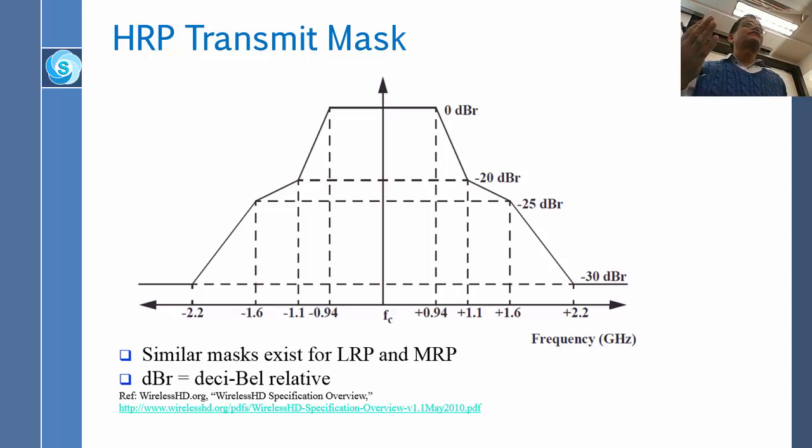The power distribution is specified. So when you design a device, it might be taken to a lab, and they will measure the power levels. If it is outside of this, then you are not following the standard. If nothing else, now you know what dBr is, decibel relative, and how they keep decreasing the power slowly as you go out of the band.